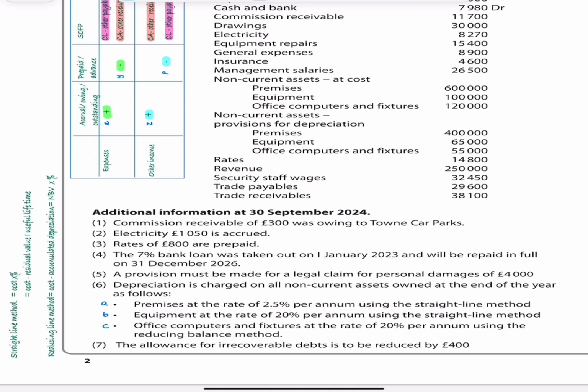A provision must be made for legal claim for personal damages of 4,000. Depreciation charges, premises 2.5% using straight line method, equipment 20% using straight line method, office computers and fixtures 20% using reducing balance method. The allowance for irrecoverable debts to be reduced by 400.